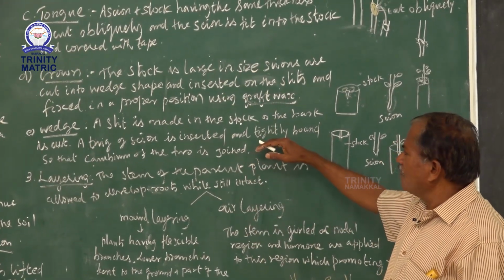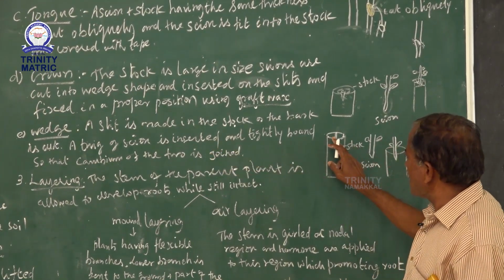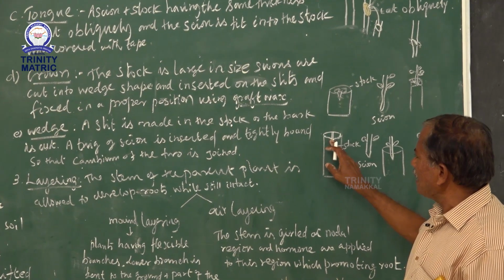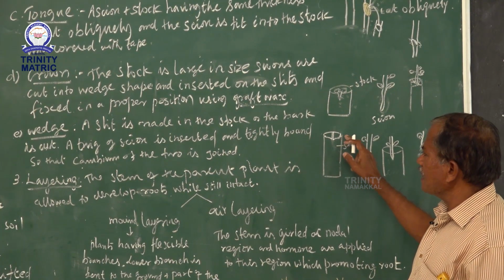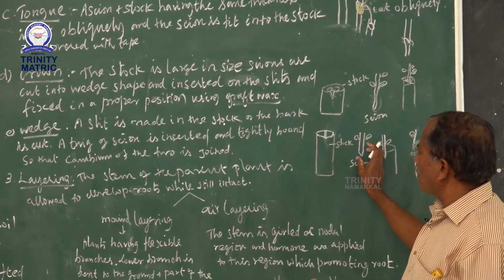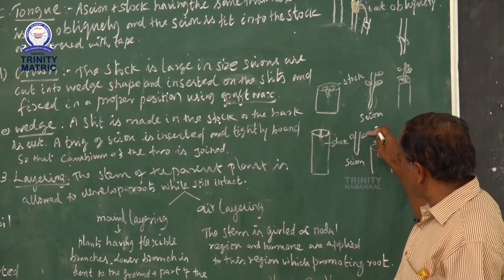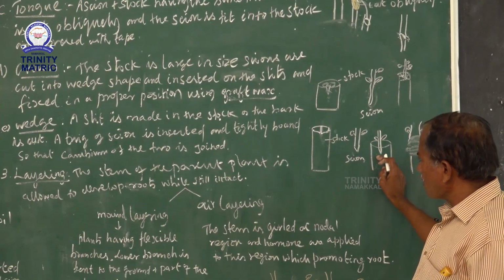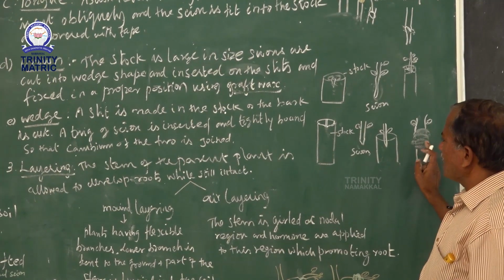And then what is wedge grafting? A slit is made. Slit means an opening is made in the stalk, or bark is removed. A twig or piece of scion is inserted into the stalk and tightly bound with paper or other things.